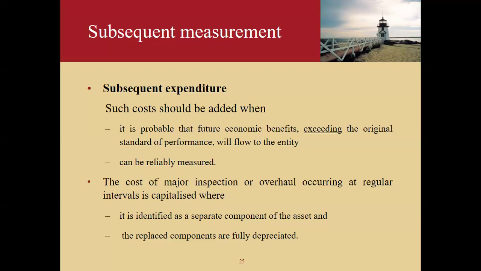There is more we can gain from this asset. So that's what this particular statement means, that we can add these costs if it is probable that future economic benefits exceeding the original standard of performance will flow to the entity. And also, like before, that they can be reliably measured.